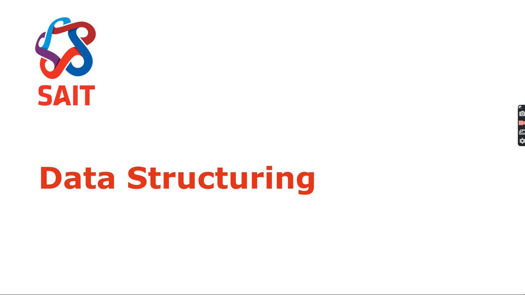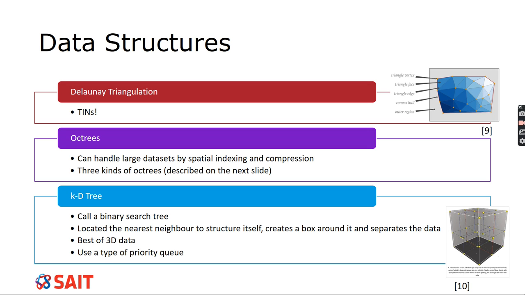All right, data structures. Here is another advanced topic when it comes to computers. Data structures are the way that the computer ties together the actual points themselves. When we're dealing with data structures, this is how the computer itself connects the points.